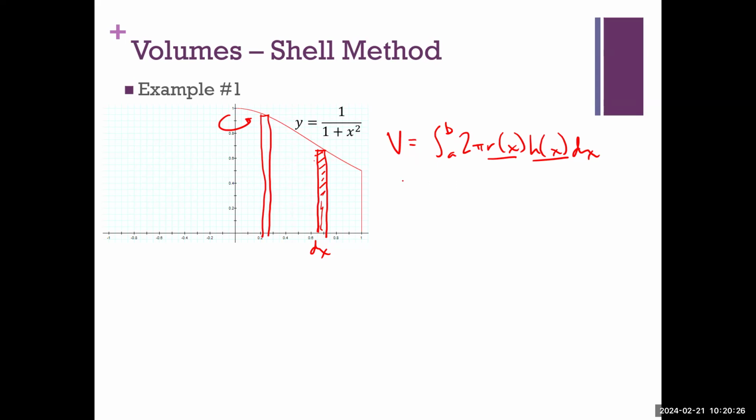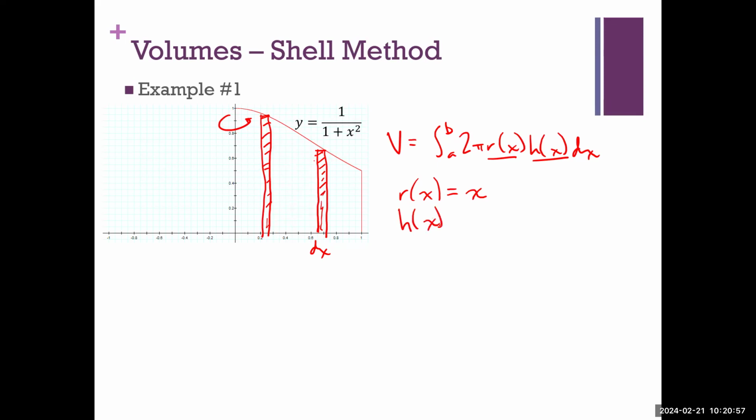So earlier you said that the radius was given by what, x or y? X, right? So when I set up the shell method here, my radius is going to be simply x, because the radius of each of these cylinders is dictated by how far the rectangle is from the thing I'm trying to rotate it over. So that is going to be purely the x value.